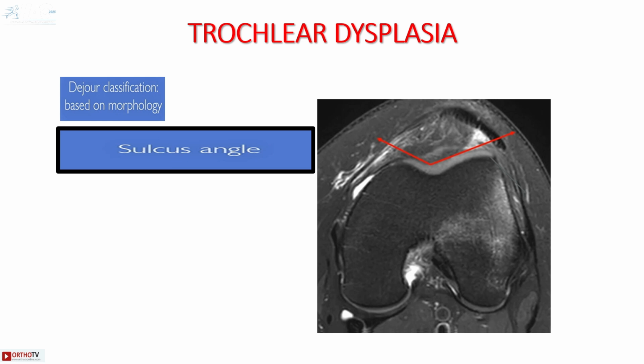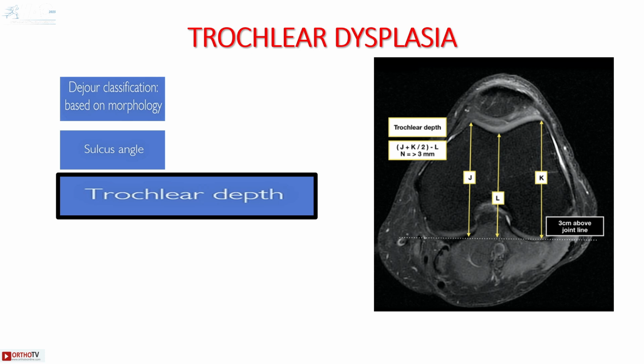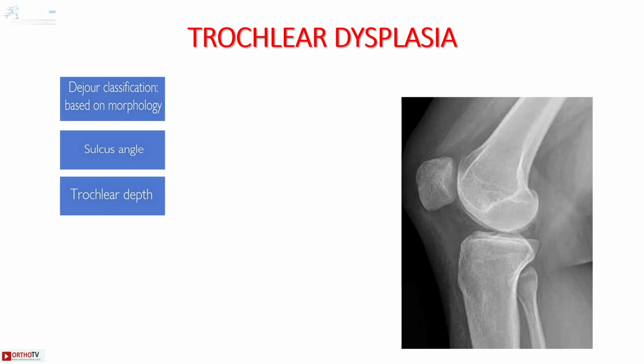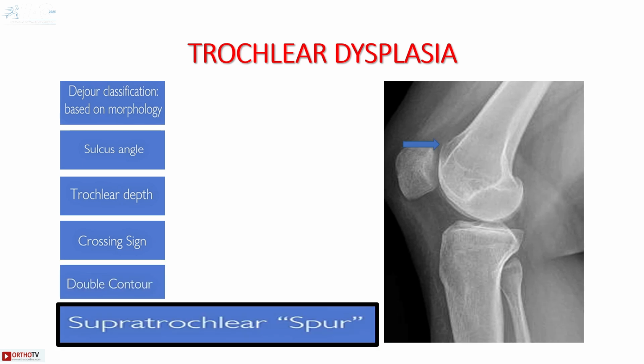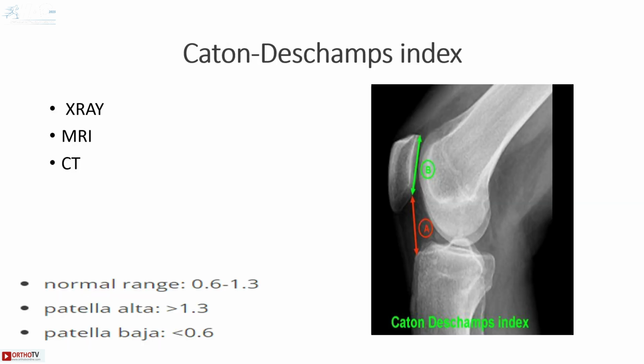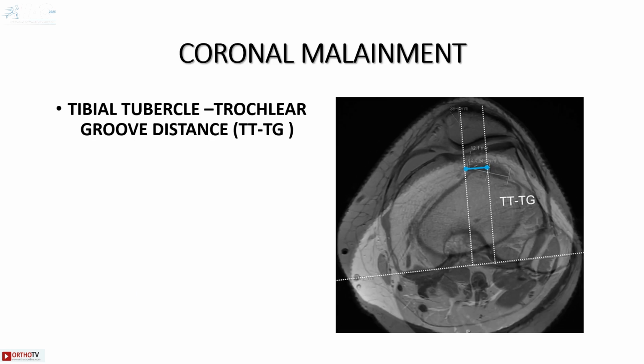He made this classification by sulcus angle, taking into consideration the trochlear depth, crossing sign and double contour sign. These need to be evaluated, and the CD ratio shows the patellar height. The CD ratio is normally 0.6 to 1.3. If it is more than 1.3, it is pathological.